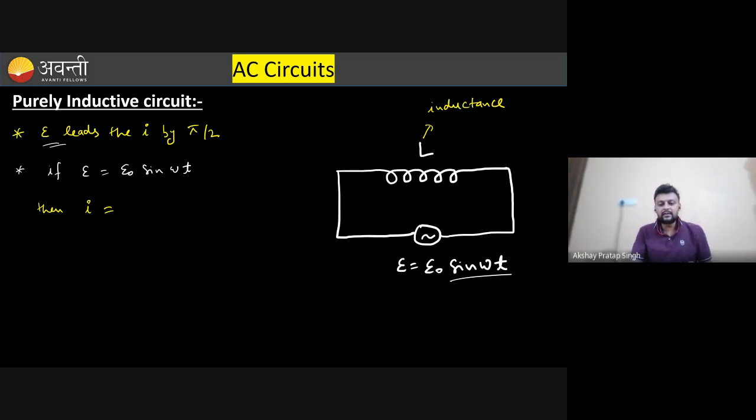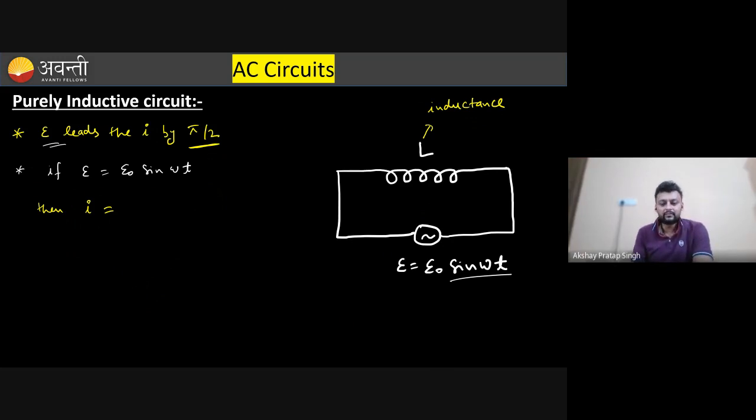I need some answers from your side. Just give me the phase angle. You can write W in place of omega if you can't type omega, and the angle is pi by 2.